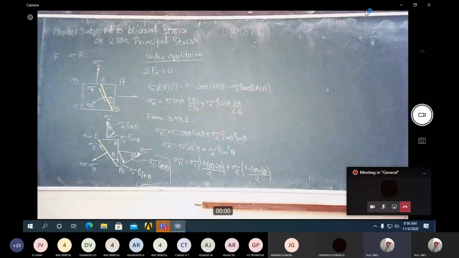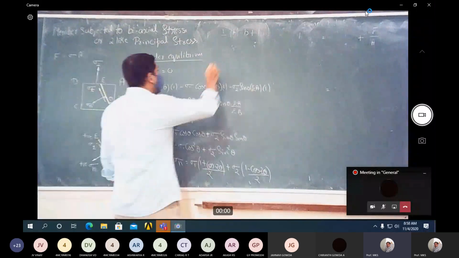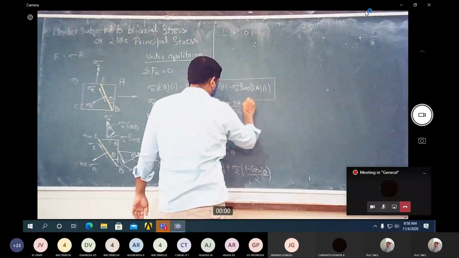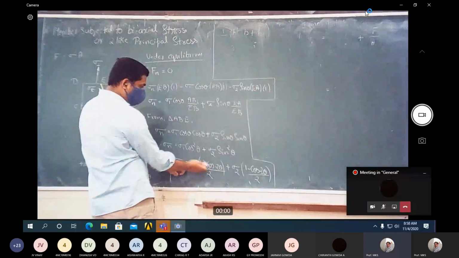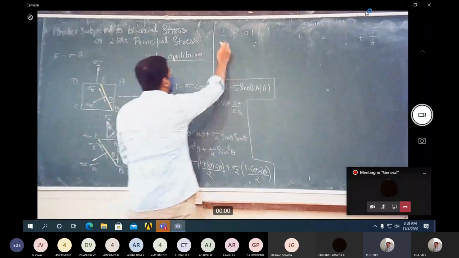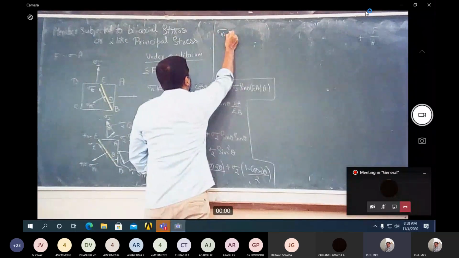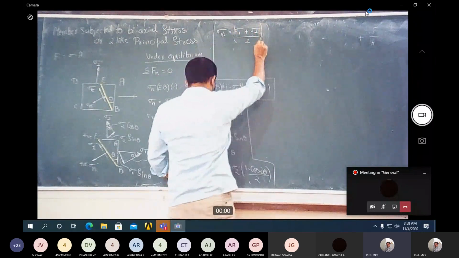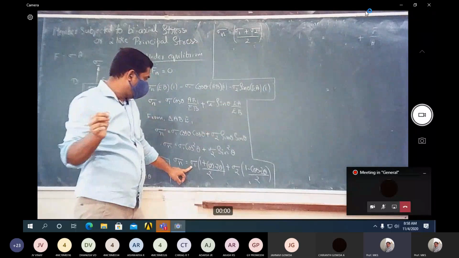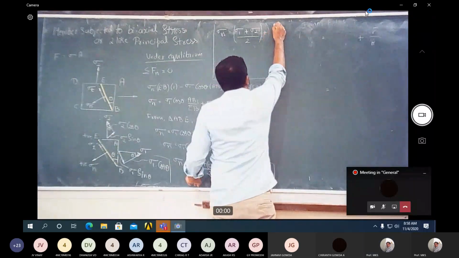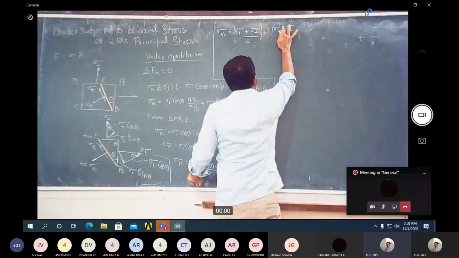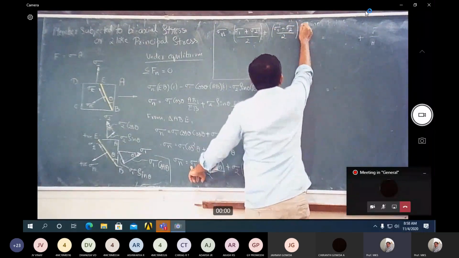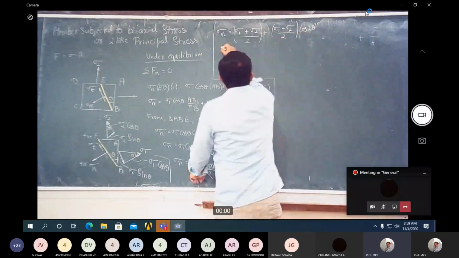Now you take the common terms outside, and you will get the equation for normal stress: sigma n is equal to (sigma 1 plus sigma 2) by 2 plus (sigma 1 minus sigma 2) by 2 into cos 2 theta.